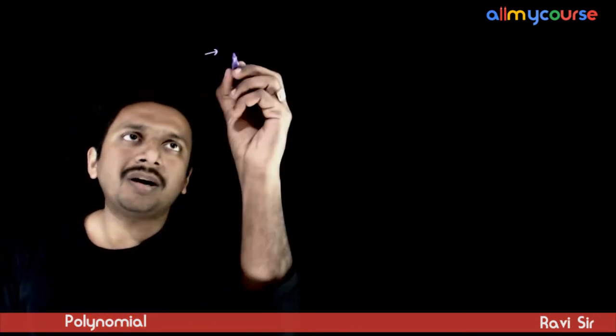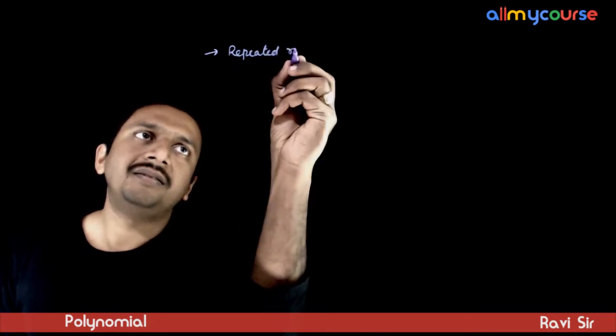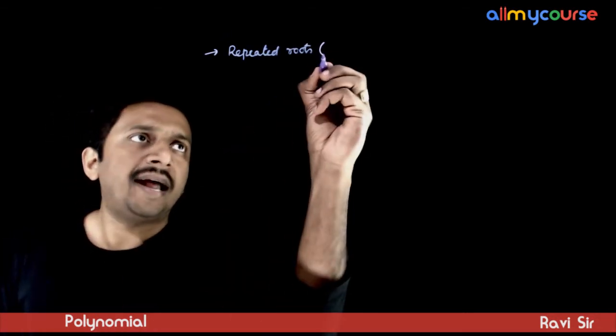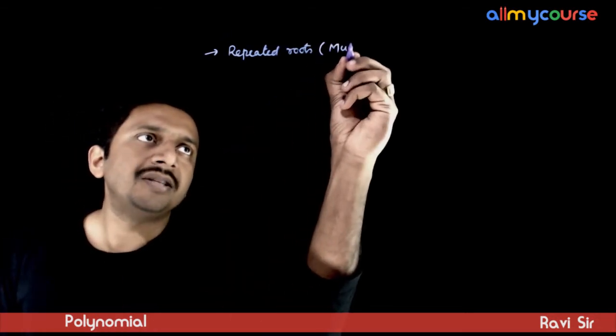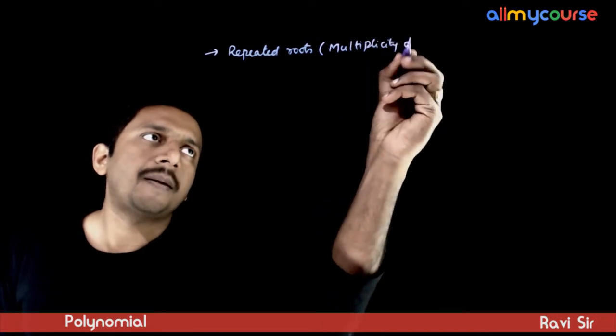So now that we have understood the meaning of root of a polynomial equation, let us look at what repeated roots are. So you come across this word often, repeated roots, and the corresponding concept is multiplicity of roots.